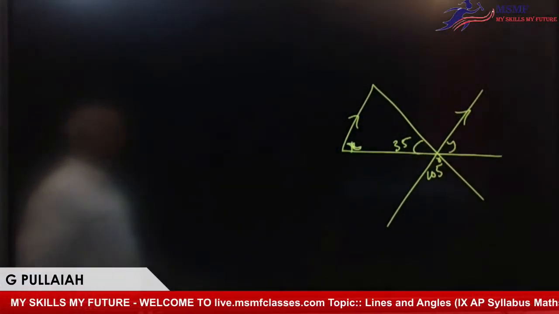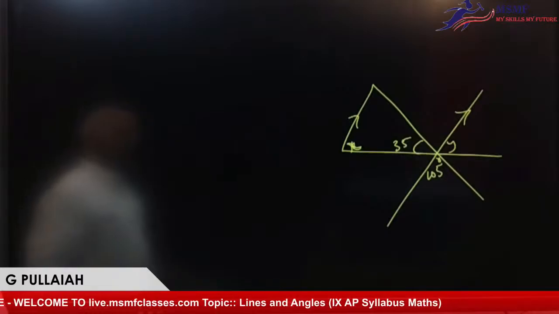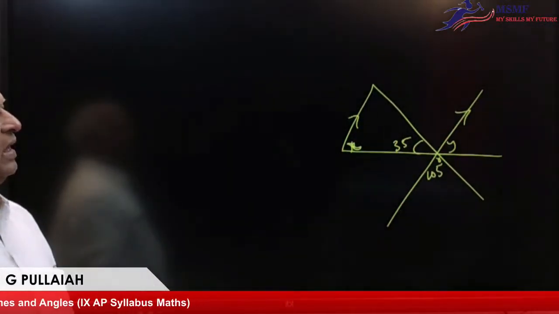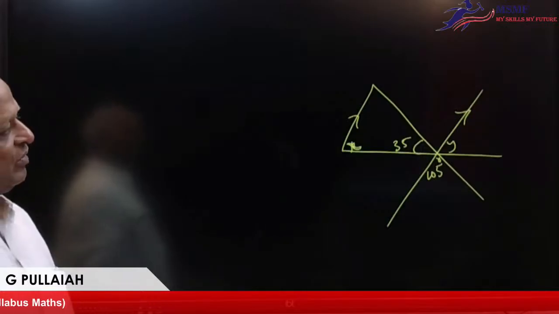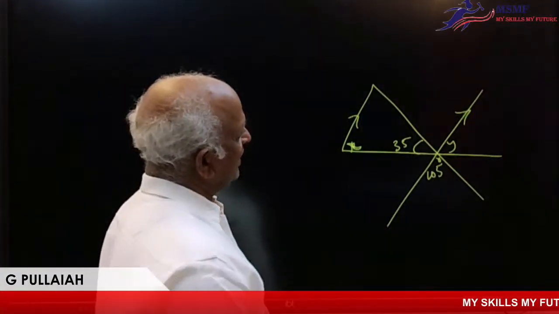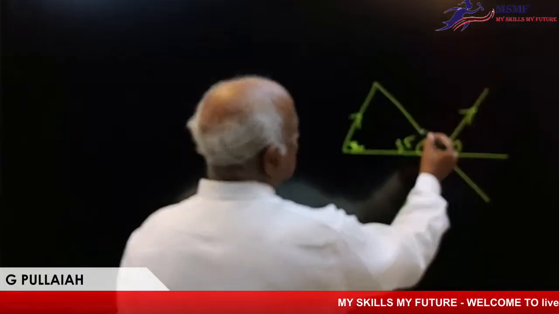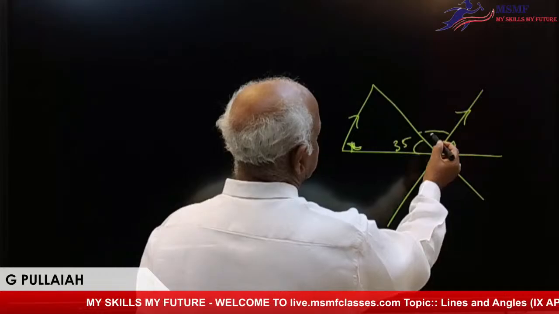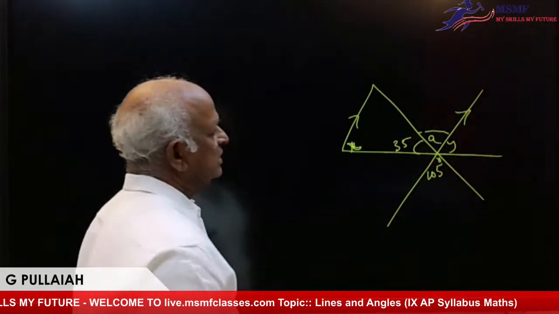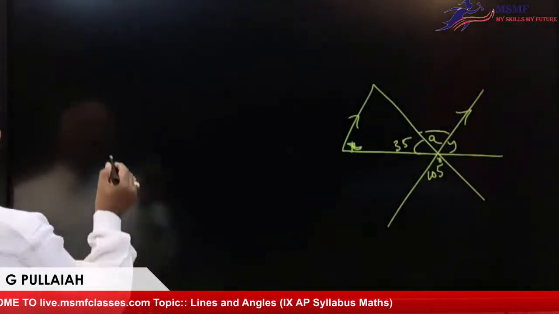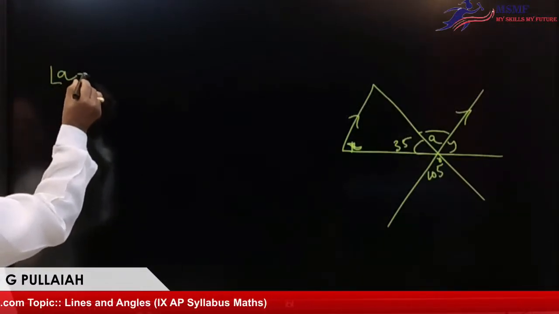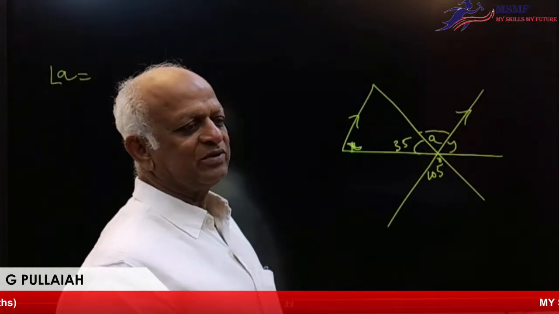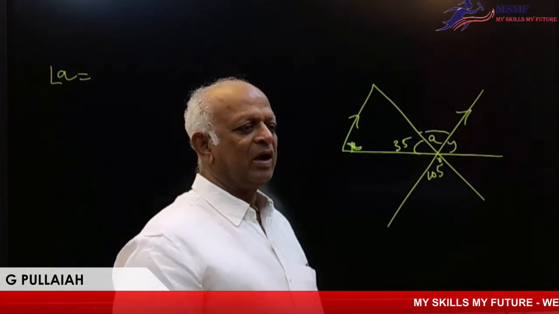Now observe the diagram very carefully here. These arrow-headed marks show the parallel lines. If you think about this carefully, let us say one angle formed here is A. Now I can say this angle A is equal to, observe very carefully, how much is angle A here?